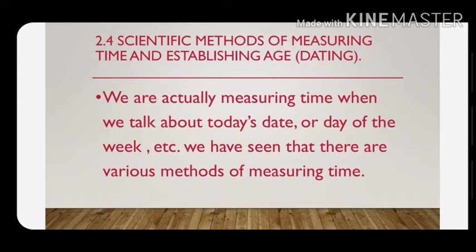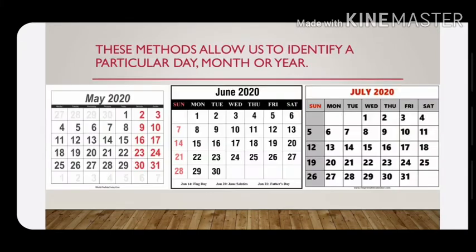We are actually measuring time when we talk about today's date or day of the week, etc. We have seen that there are various methods of measuring time. These methods allow us to identify a particular day, month or year with respect to an earlier or later day, month or year.